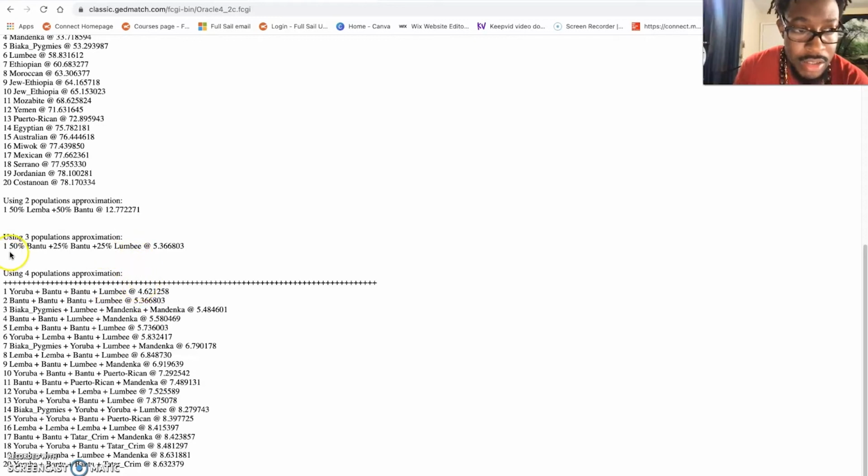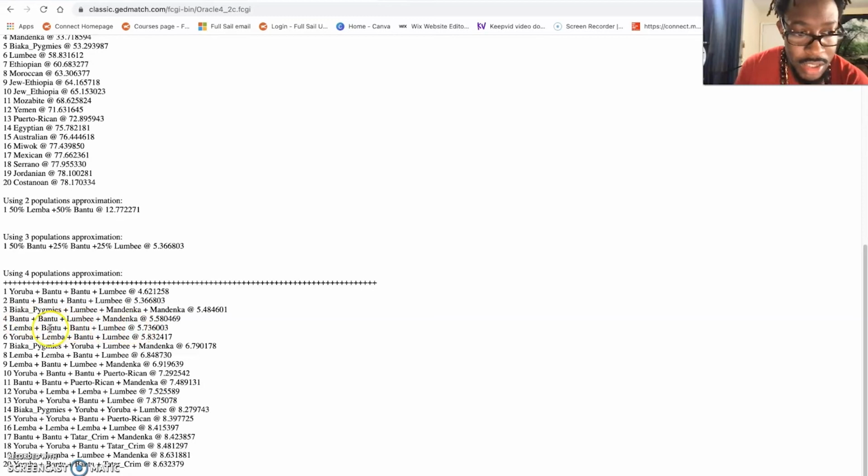All right, we're at the third population. I'm still getting a Limba that's popping in. For the fourth population, Yoruba, Bantu, Limba is still popping in. Bantu, Limba. Mandinka, Limba. Got some Pygmy in there.